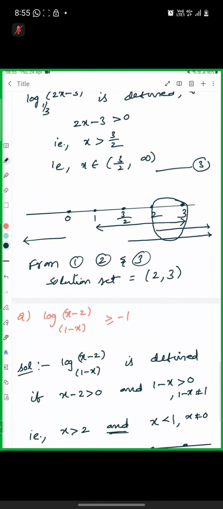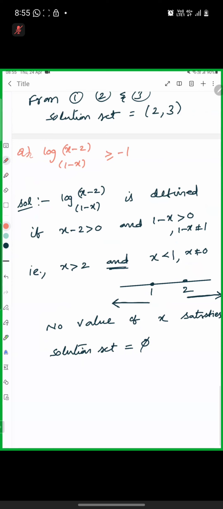Write one more. Log of x square minus 5 to the base 4, to the base 1 by 3, greater than 0.